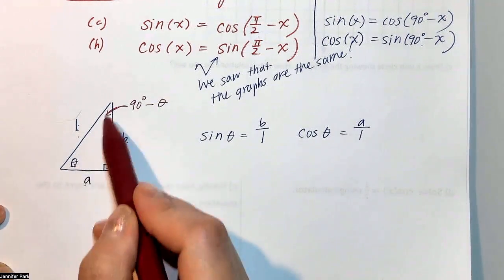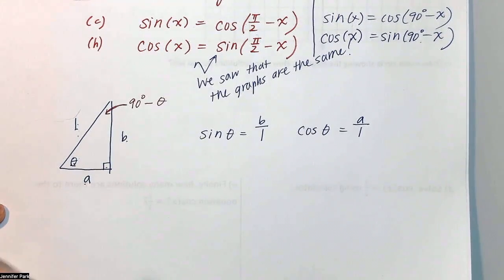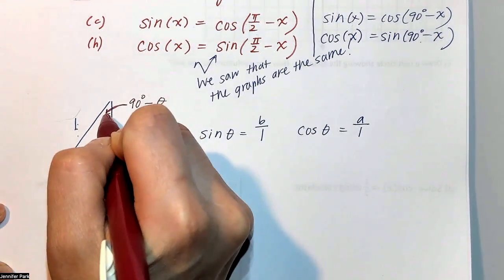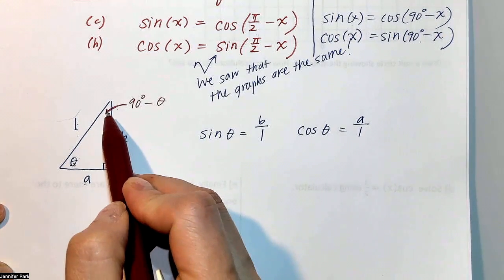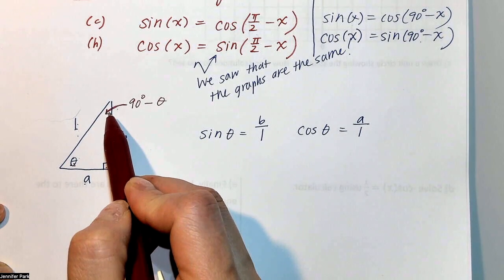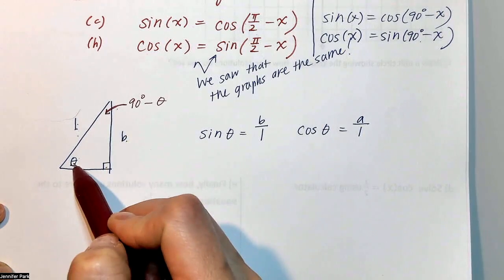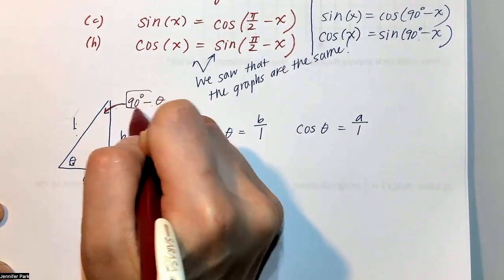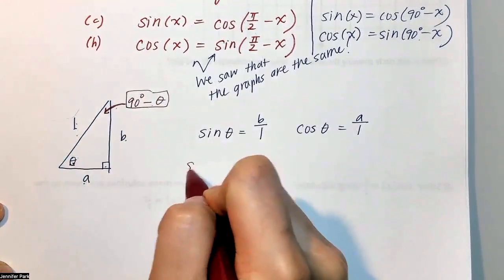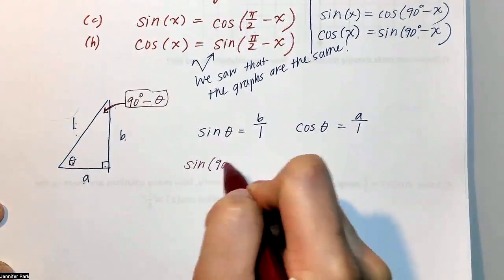Because these two have to add up to 90. So I don't know the exact value of any of these angles, but I at least know that this one is found by subtracting this from 90. So then let's actually use that and find the sine value of that angle.